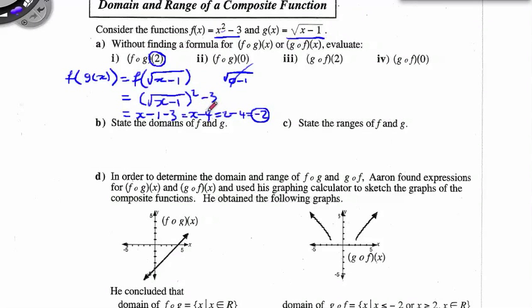The next one, g of f of the value 2. Now this is the opposite way around, so it's g of f of x, and we want x to be 2. Well, let's write out the formula first. f of x is x squared minus 3. So that's going to be our input value for g. And what does g do?